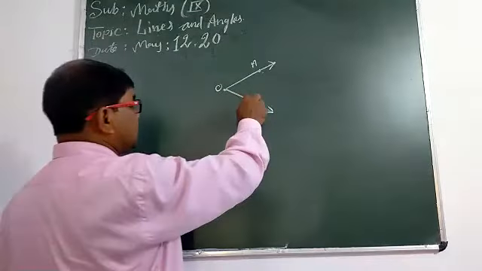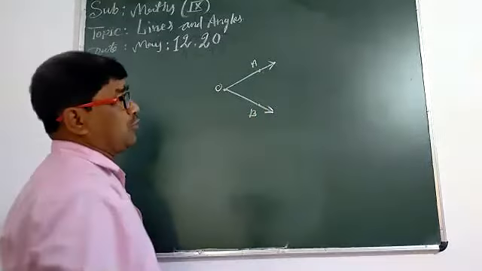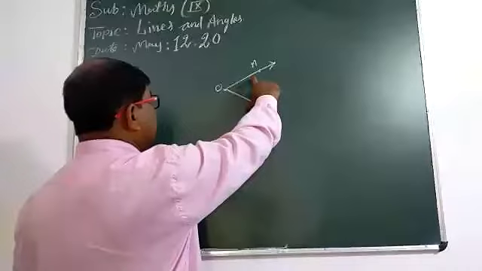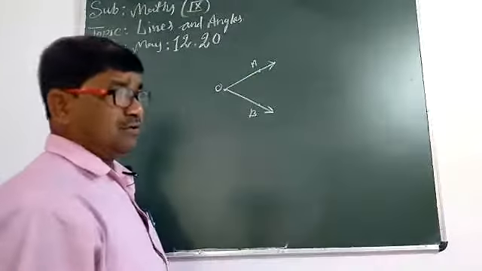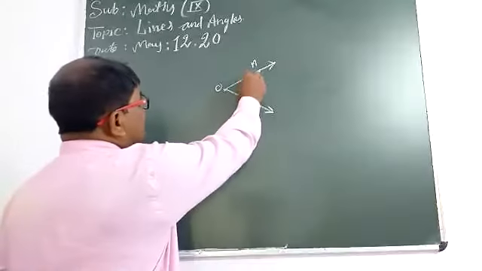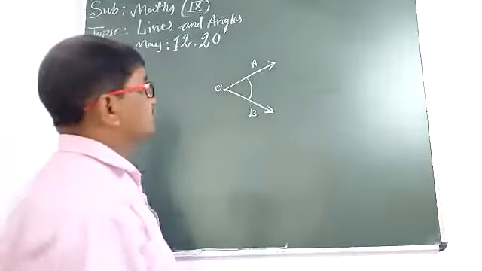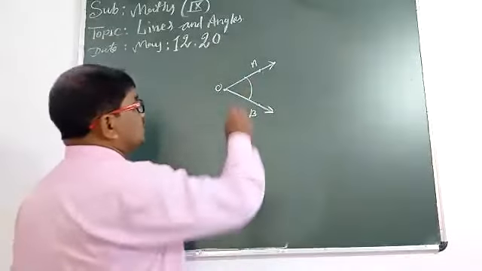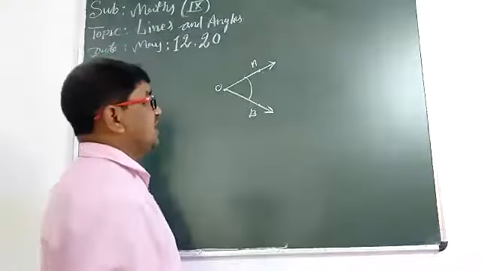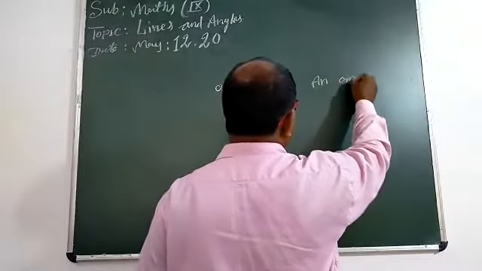So these two rays start from the same initial point and are inclined to each other. There is an inclination between these two rays. So this is called an angle.